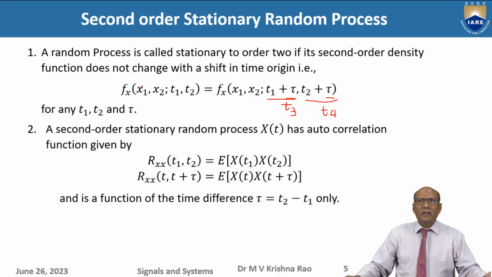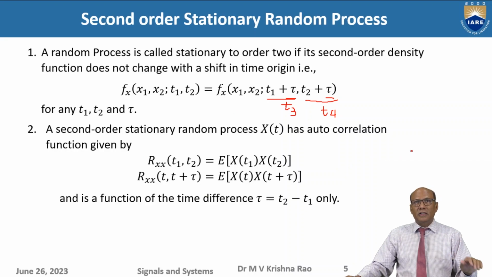Now, I already explained: if the second order joint density function is the same irrespective of the shift, not dependent on the time shift, then it is called a second order stationary process, a second order stationary random process. Now, what is its property?